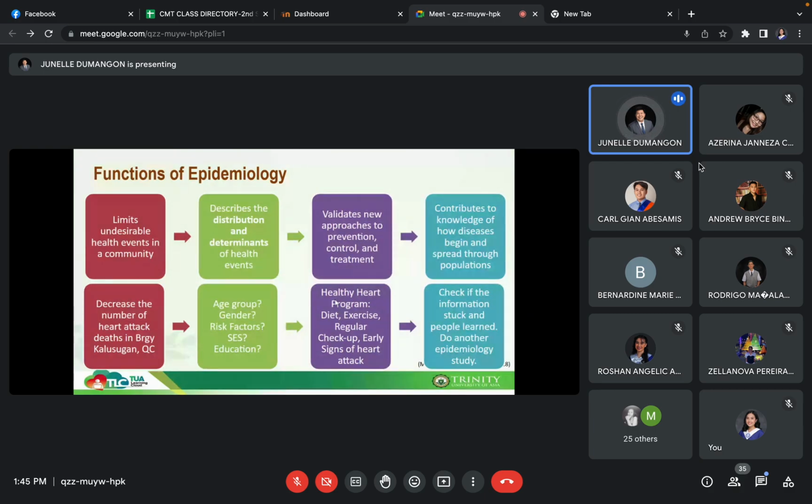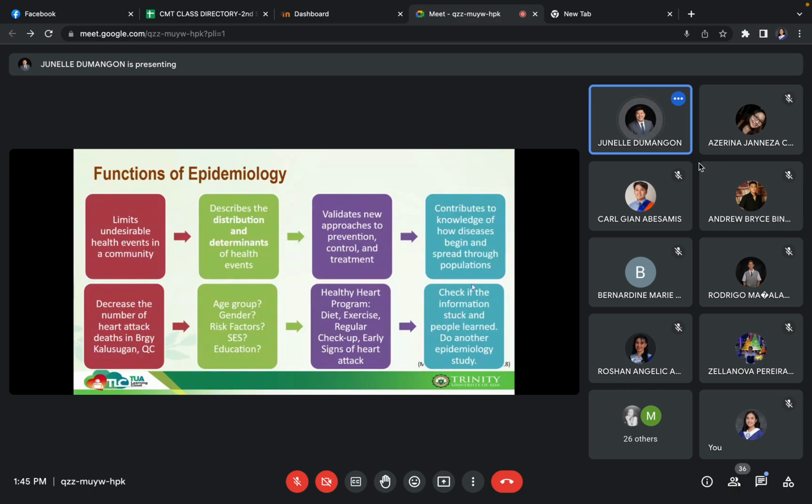Let's say we created a program called Healthy Heart Program. We will teach them about proper diet, proper exercise, regular checkup, and we will even teach them the early signs of heart attack so that when they start to see these symptoms, they can immediately go to the hospital. Let's say that the program will run for 3 months. After 3 months, we will check if the information stuck and if the people learned.